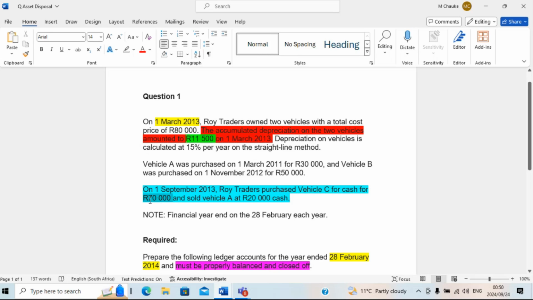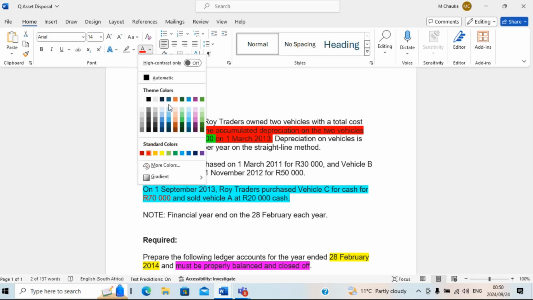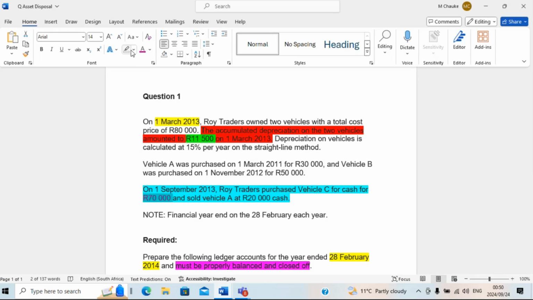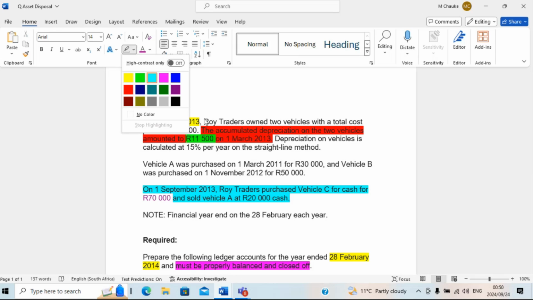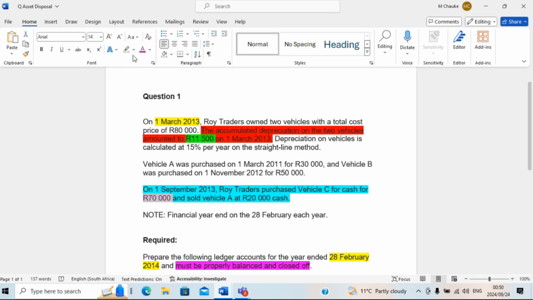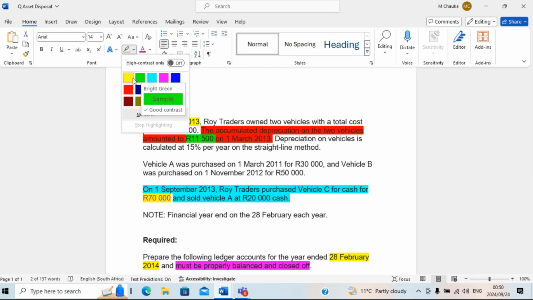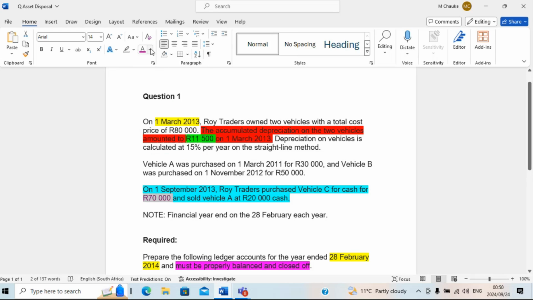So the cost price of the new vehicle is 70,000.